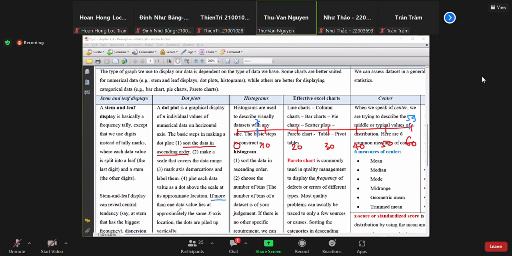Remember that if more than one data value lies at approximately the same x-axis location, you can stack them up vertically. So let's see how we create the dot plot.